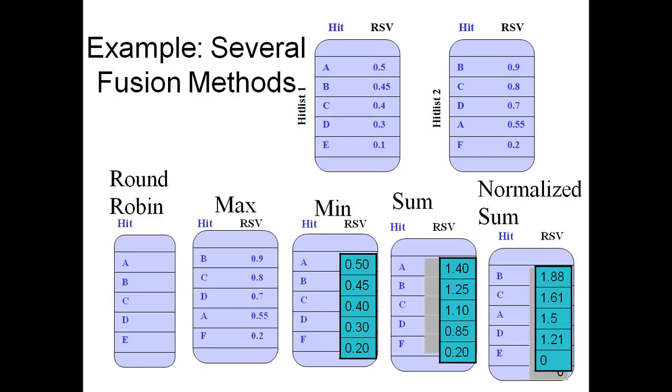Further questions? Anything that you cannot understand or say, aha, how does it work? Yes, please. The example for the sum. Why is A 1.4 again? Let's check. Oh, wrong. Good point. A is actually 5 plus 5, so 1.05.